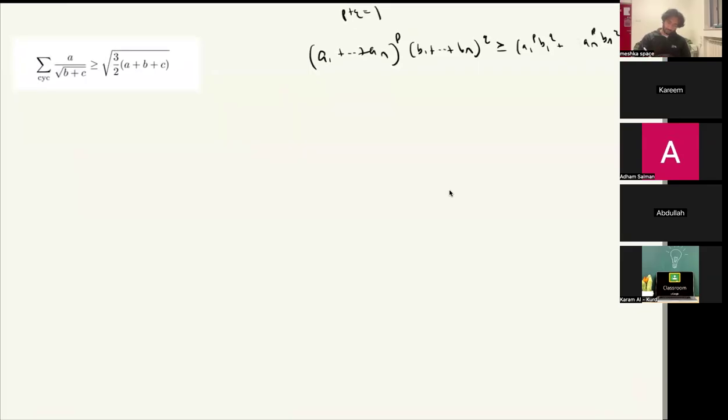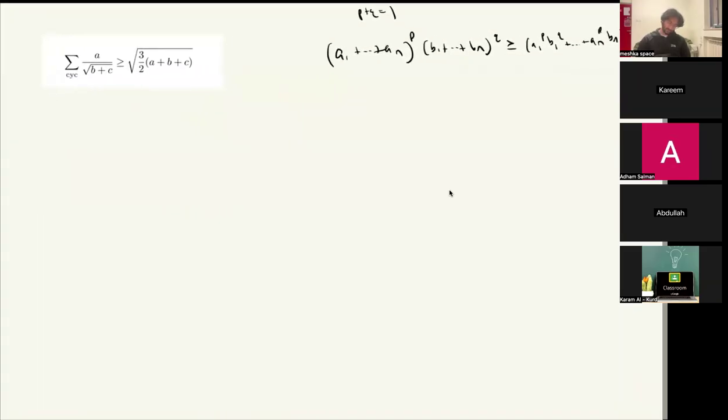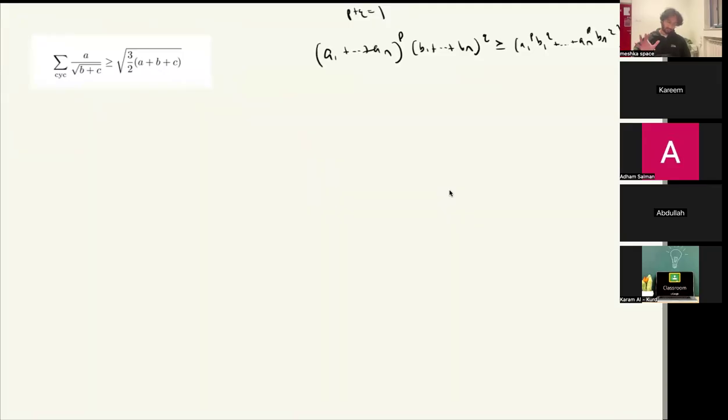We write the cyclic sum of the left-hand side squared multiplied by the cyclic sum of b plus, actually, c. I don't want to square it. You can, it's equivalent, but I want to keep it in this form. But let me just first say what we're trying to do.